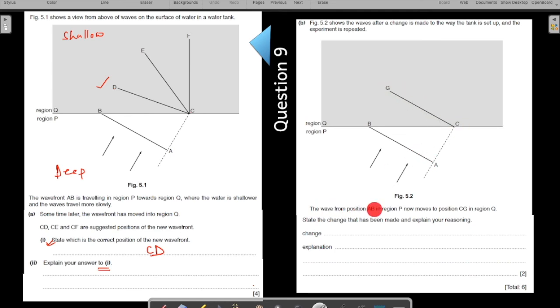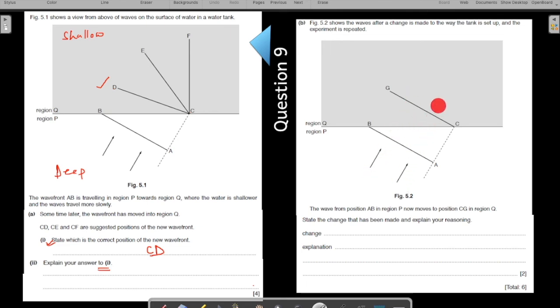The wavefronts from the position AB in the region P now move to the position CG in the region Q. State the change that has been made and explain your reasoning. What change do you think has been made? AB has moved to CG. Do you see any change in the wavefronts? They are moving straight, parallel.